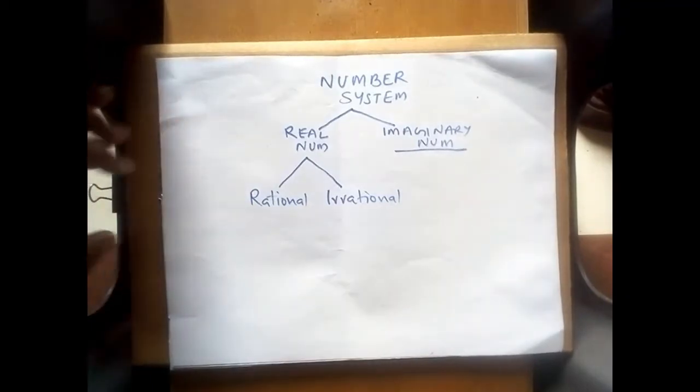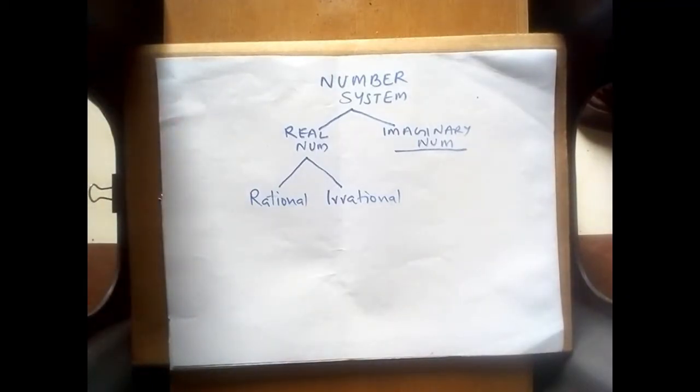What is a rational number? We have discussed it in the previous videos. A rational number is defined as a number of the form p by q, where p and q are integers in its lowest terms, and q is not equal to 0.